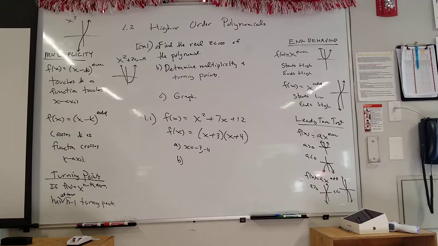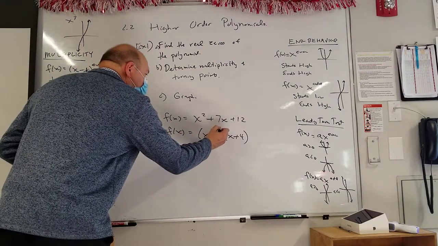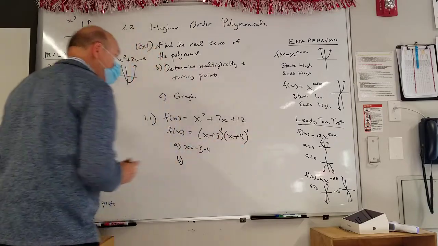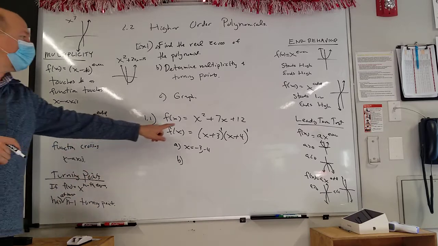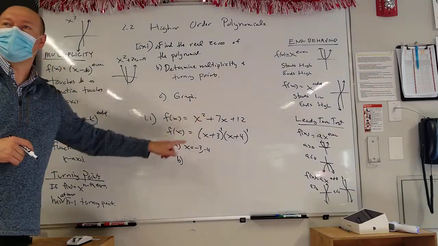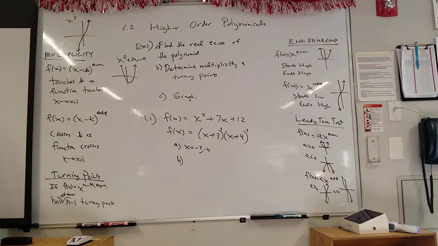Okay, so determine multiplicity. Multiplicity is this little exponent hanging right over here. What is n, the degree? In this case it's the second power. So what you're saying is that it cannot have more than one turning point then?